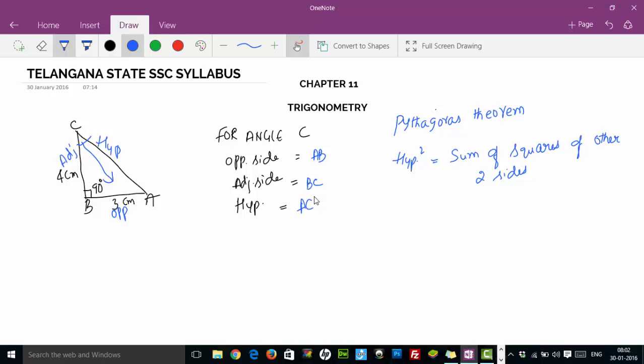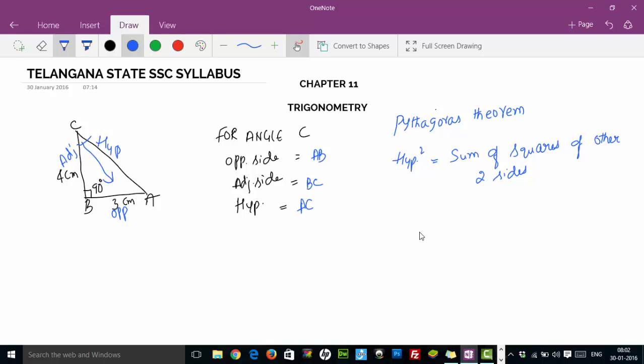We know the opposite side AB is 3 centimeter. We know that the adjacent side BC is 4 centimeter, but we do not know the hypotenuse. In a right triangle, if you know two sides, you can always find the third side using Pythagoras theorem.